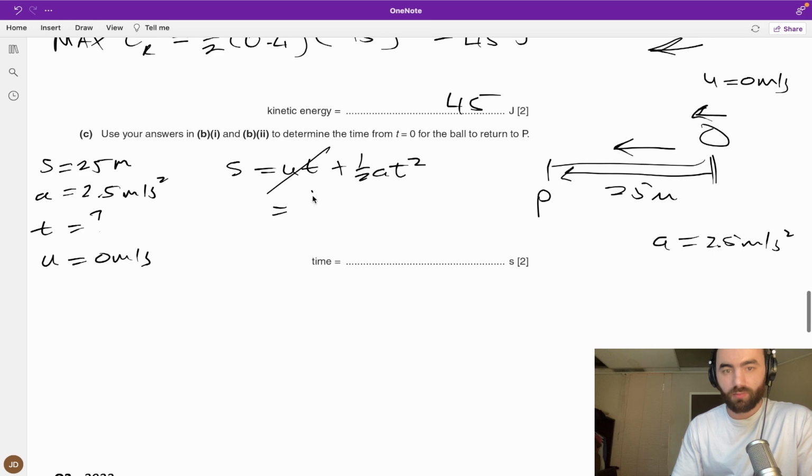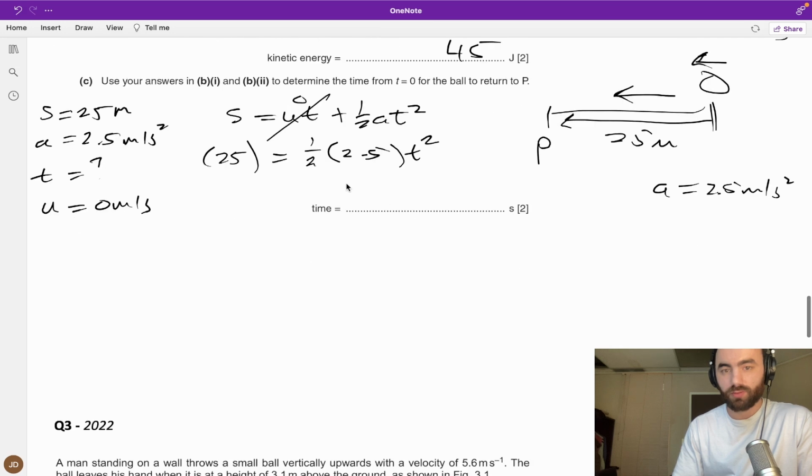And this will become 25 equals, that's 0, because U is 0, half 2.5 T squared, which we want to find. Therefore, we get T squared equals 25 divided by 2.5 divided by 2.